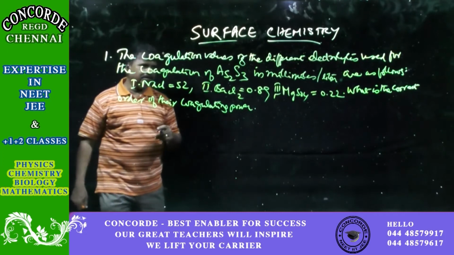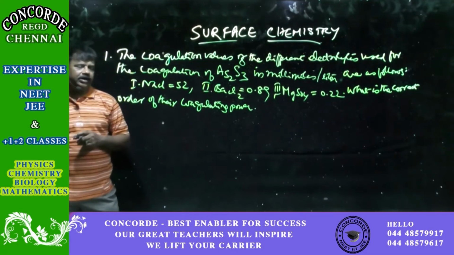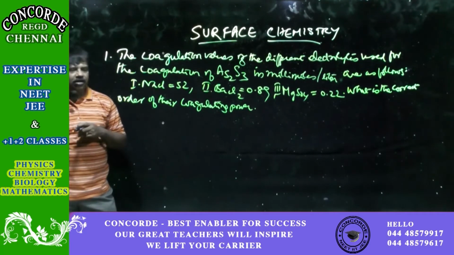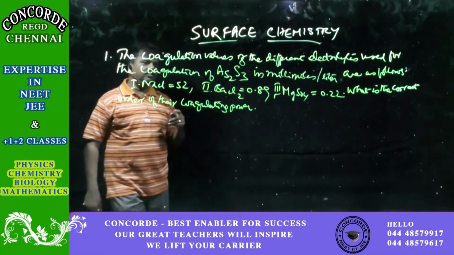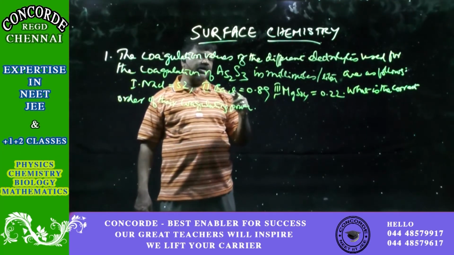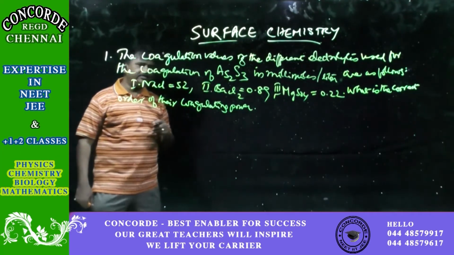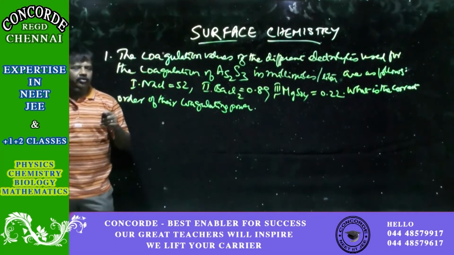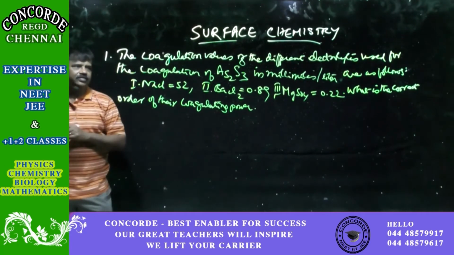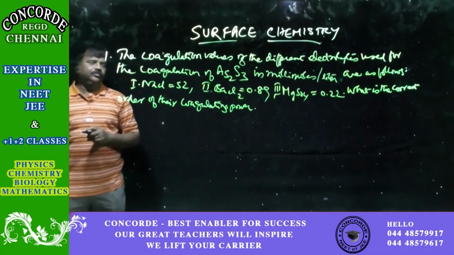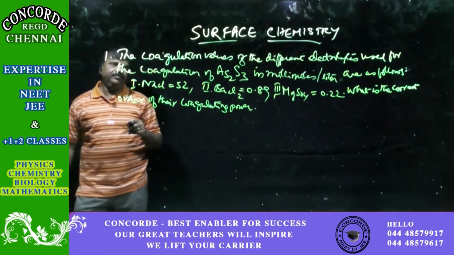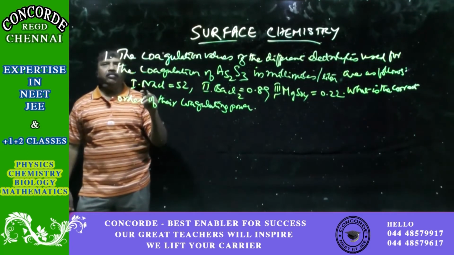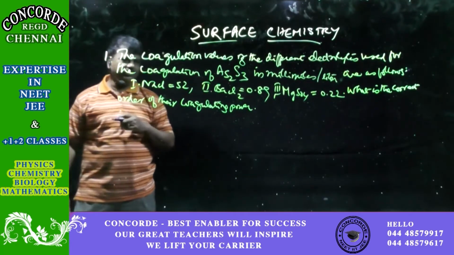So we have to arrange them in the order of increasing coagulation powers. Okay, so how will it be? If you have gone through the relevant text regarding this, what is the correlation between the coagulation value and the coagulation power? If the value is more, then more amount of NaCl is required for coagulation.